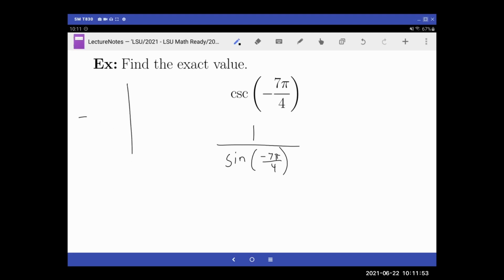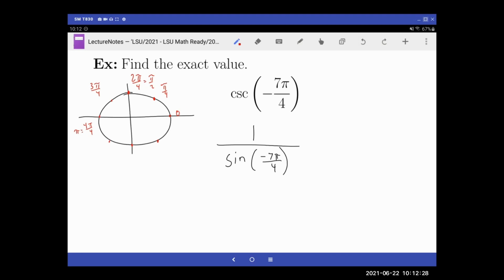All right, so let's think about the unit circle. And here's where it's a good idea to understand the pattern. Here's pi over 4, here's 2 pi over 4, which of course is just pi over 2, 3 pi over 4, 4 pi over 4, which of course is just pi, and so on. So it's every 45 degrees, going counterclockwise.